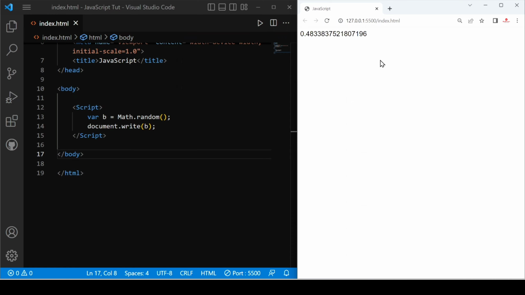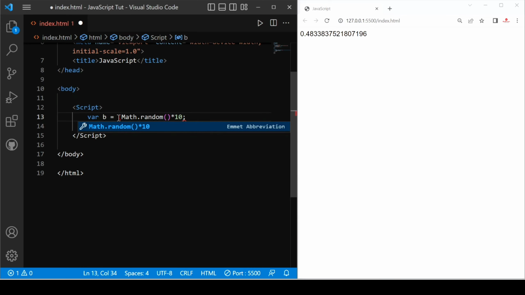What if I want 1 to 10? Then we have to just multiply with 10, and here provide brackets, and after that we provide math.ceil and then save.